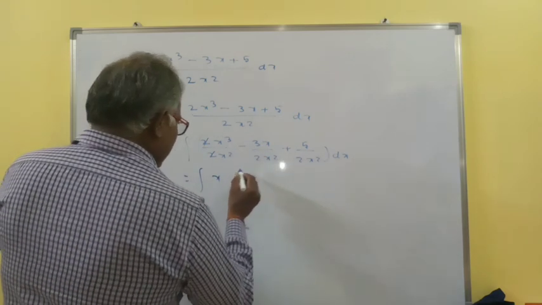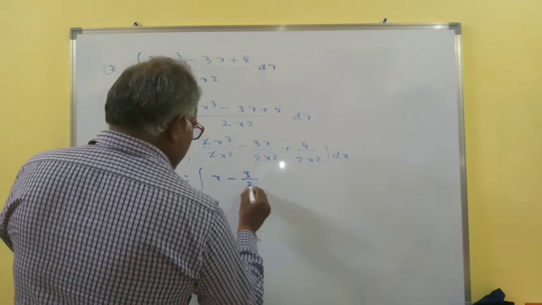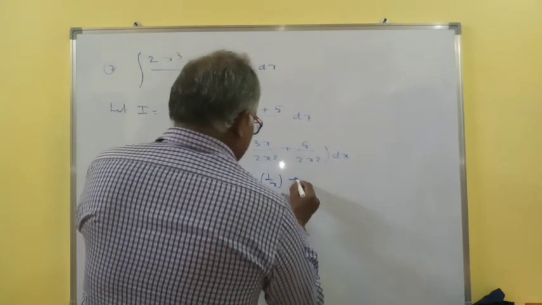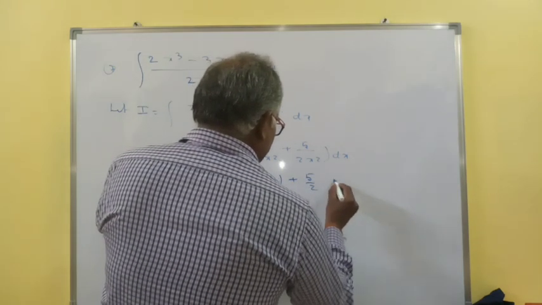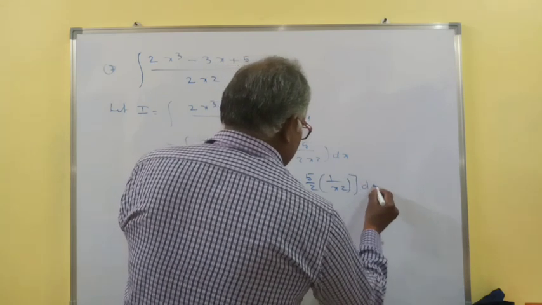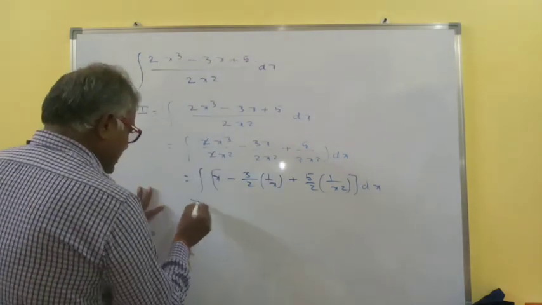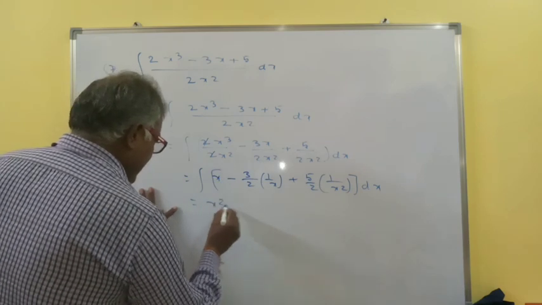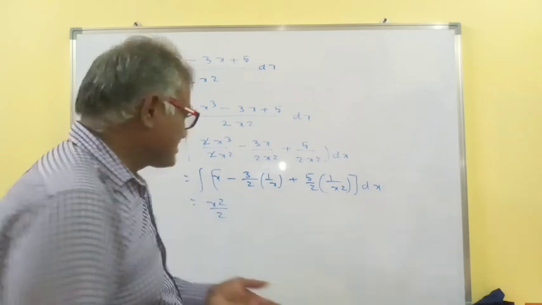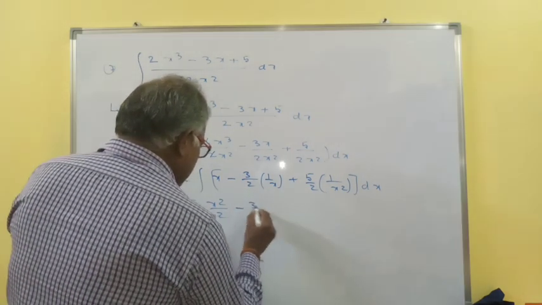Here clearly 3 by 2 into 1 by x, and here 5 by 2 into 1 by x square, whole dx. Clearly we know the formula: for x, the integral value is x square by 2. For 1 by x, log of mod x.